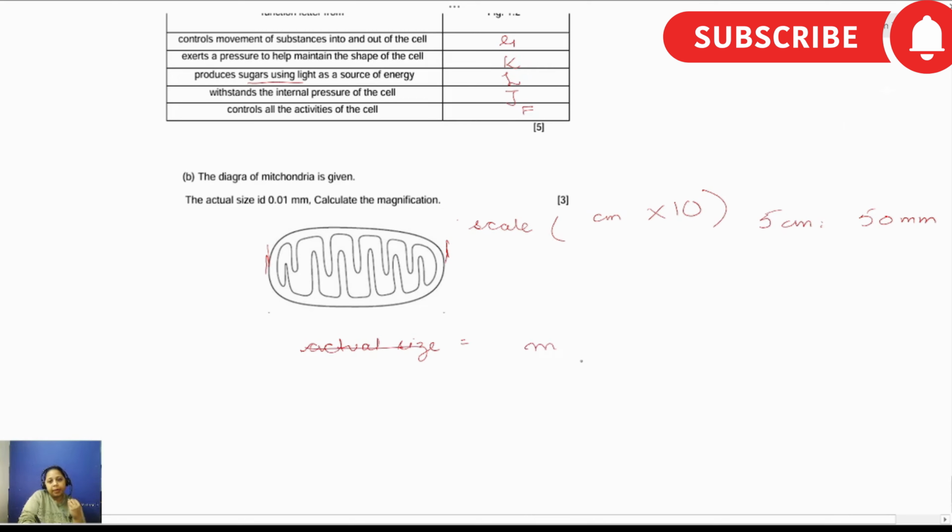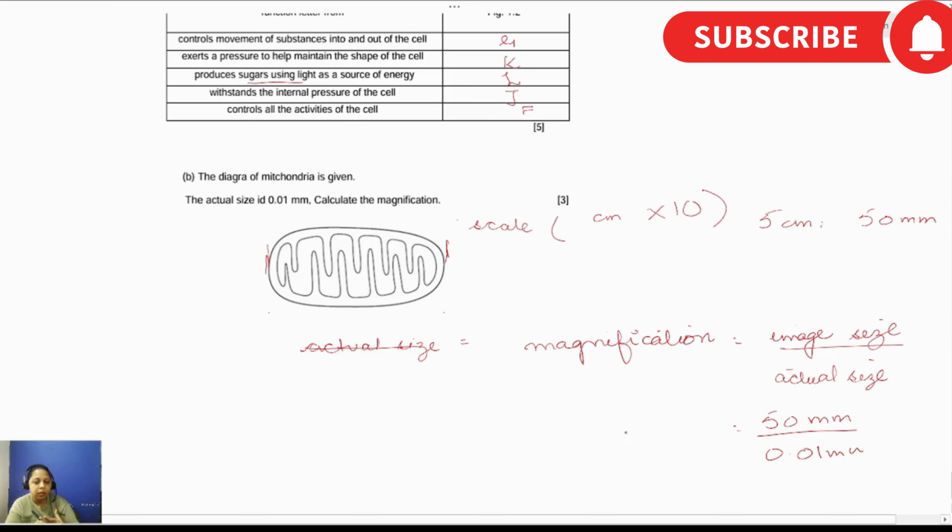Magnification is equal to image size over actual size. For example, the image size is 50 millimeters and the actual size is 0.01 millimeter. So whatever your answer is, that would be your magnification.